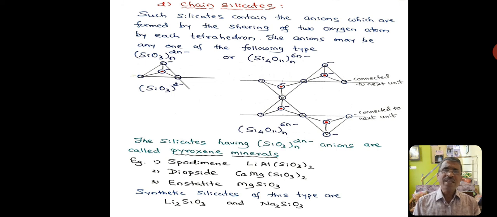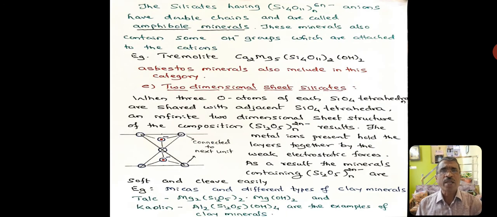Some synthetic silicates have also been made, and these synthetic silicate examples are lithium silicate, formula Li2SiO3, and sodium silicate, it is Na2SiO3.